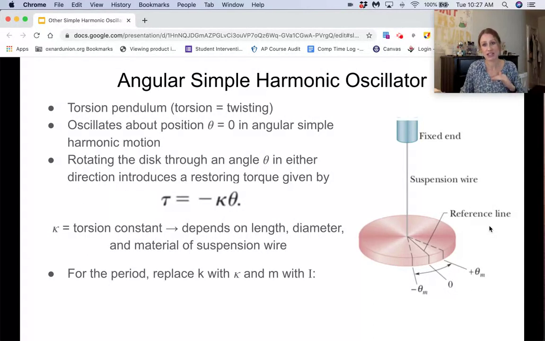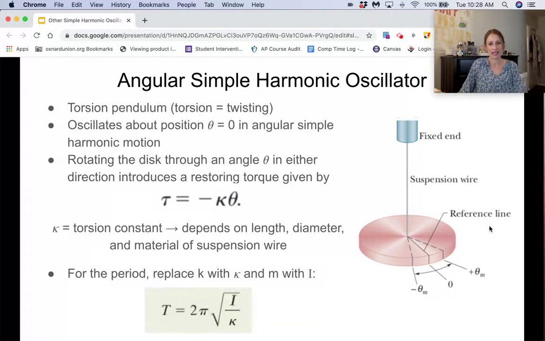If we want an equation for our period of simple harmonic motion here, we just replace our spring constant k with kappa, because that is the angular equivalent of our spring constant k. Then we replace mass in the period equation with rotational inertia I, because that is our angular equivalent of mass.